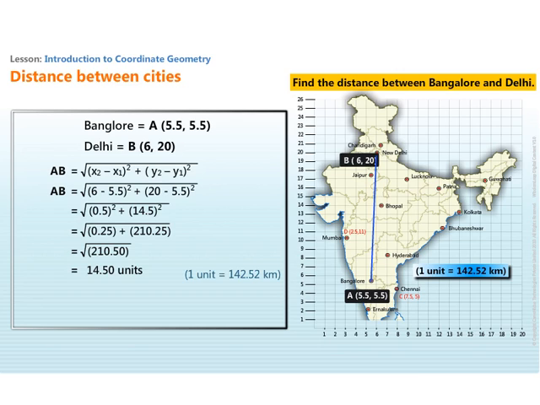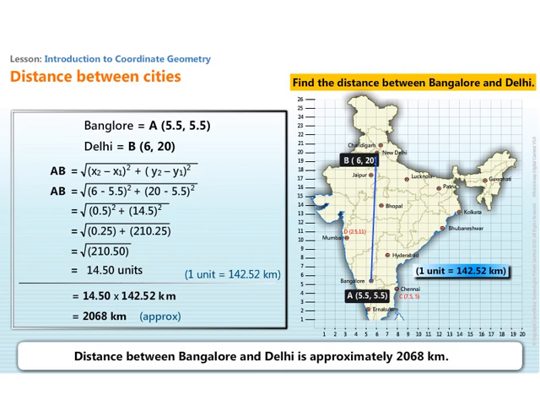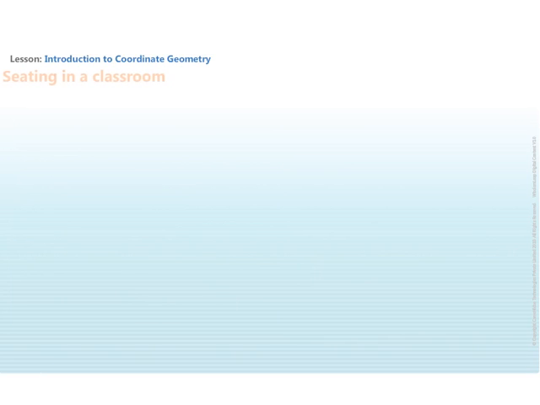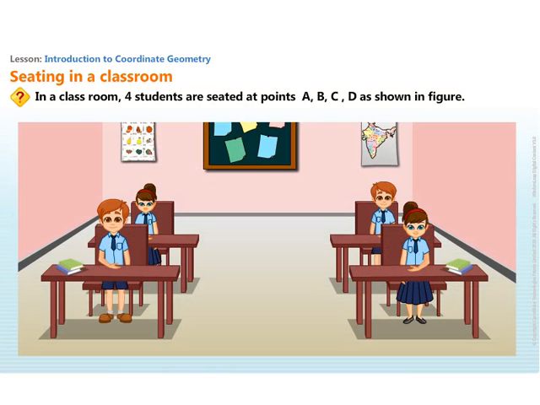Converting units to kilometers by using the scale 1 unit equal to 142.52 kilometers, the length of 14.50 units is approximately equal to 2068 kilometers. So, the distance between Bangalore and Delhi is approximately 2068 kilometers. Now, let us solve some more problems using the distance formula.